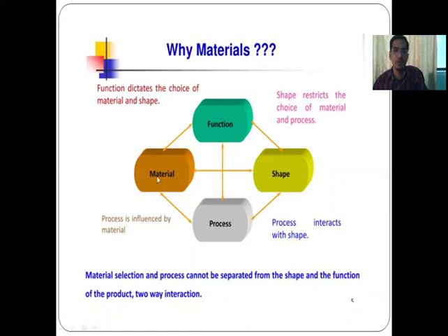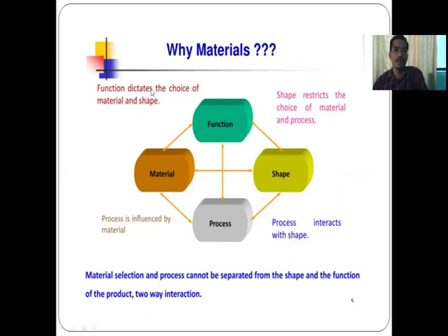The material is related with the function, and the function is related with the shape, and material and shape are related with the process. So the process always interacts with shape, then the process is influenced by material, and the shape restricts the choice of the material and process depending on the function.